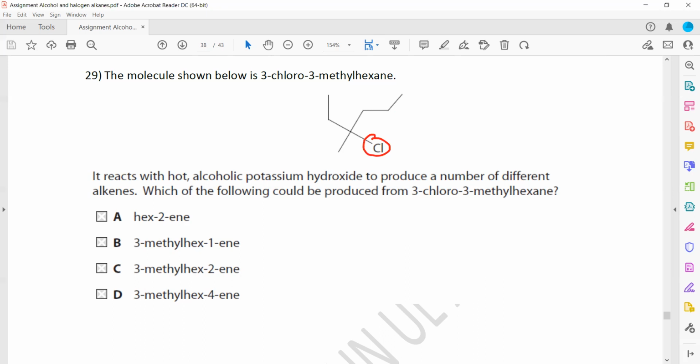As a result of this elimination reaction, this Cl won't be there. So there will be a double bond either on this side or the other one.